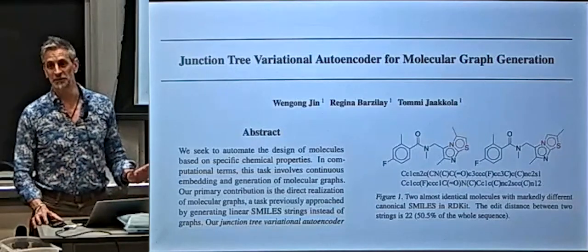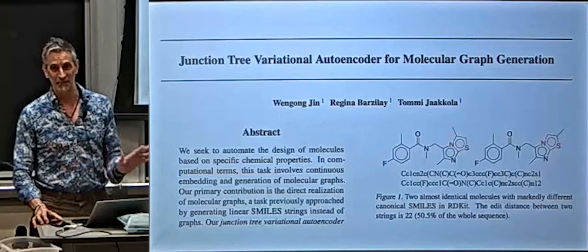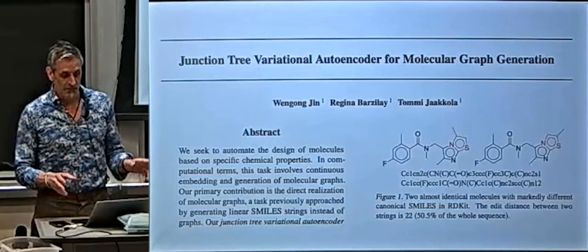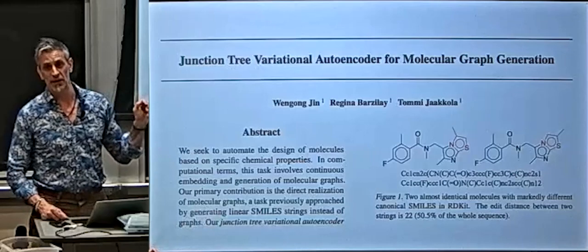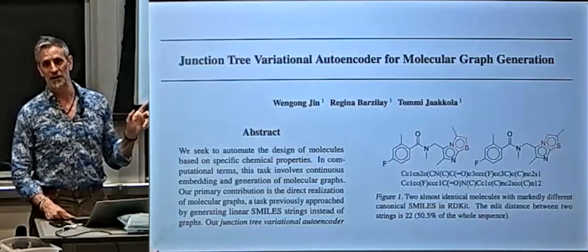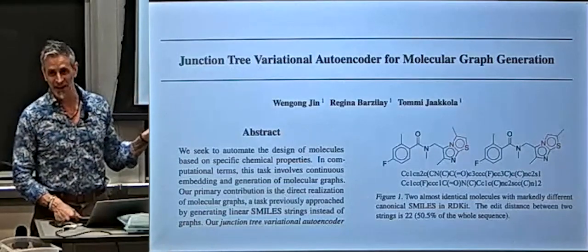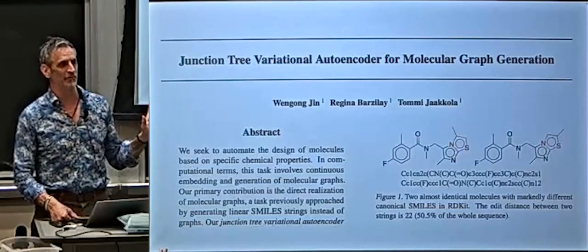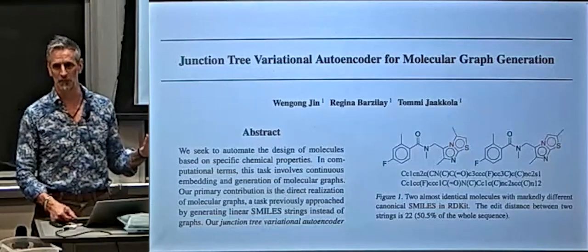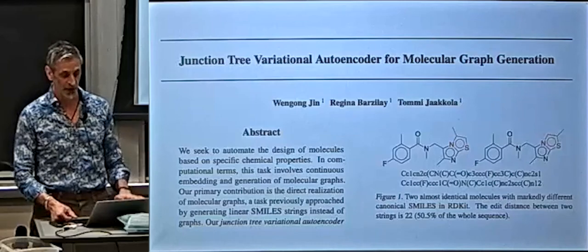It was an absolute disaster. It absolutely did not work, because if you look at those SMILES strings, yes, you can train a model to produce strings that look like that, but almost none of them correspond to actual molecules. So that's one of the problems.